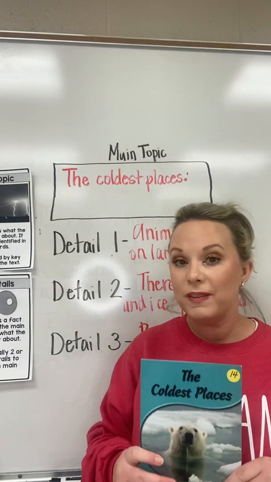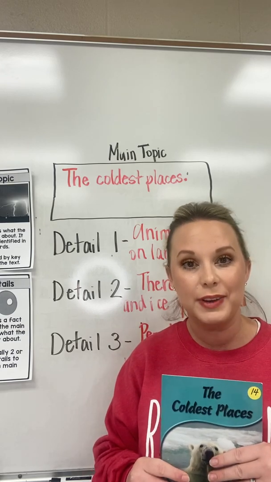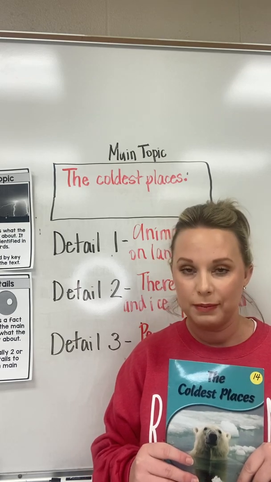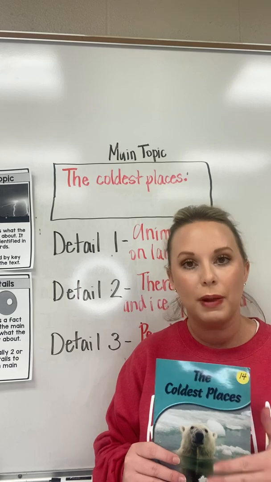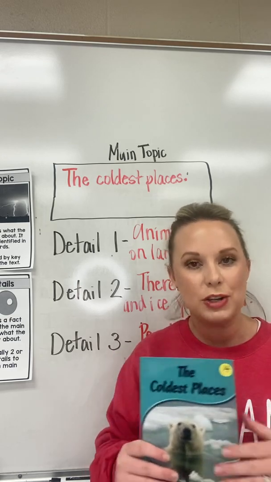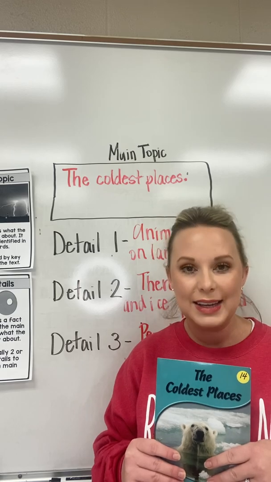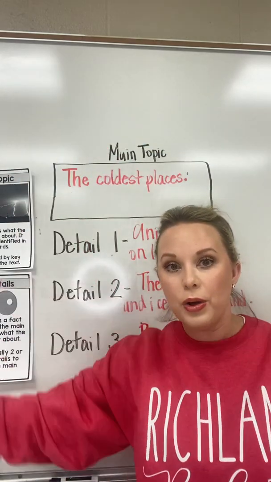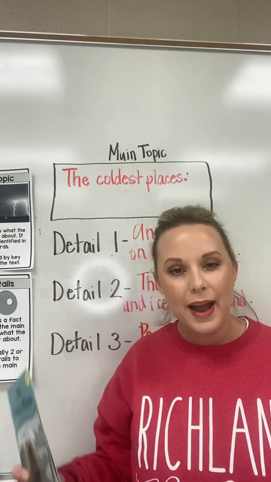Okay, so let's review what we've learned so far today. We're talking about nonfiction text, and we know that that is true, real information. We know that we're going to be learning something about a real person, real place, or real thing. It's informational. Today, we focused on main topics and key details. We know that a main topic is what the whole thing is about, not the little details in the pages, but the entire thing.